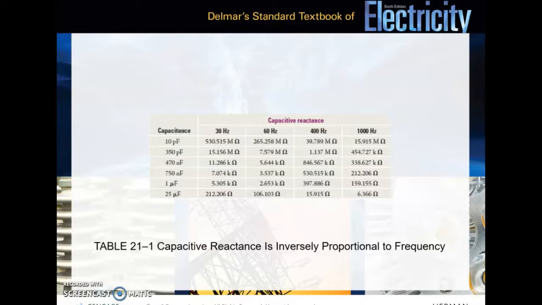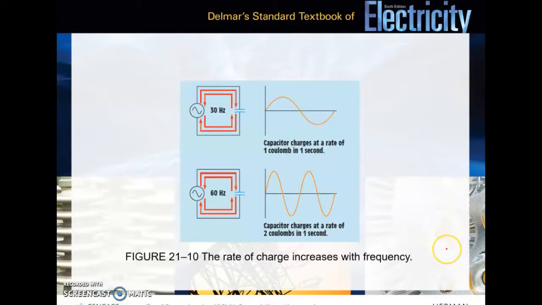I'm going to skip by this slide here and get directly to this slide. Here we're looking at the rate of how quickly the capacitor is charging in relation to frequency. So if we have two identical capacitors in these two circuits, the top circuit is at 30 Hertz, the bottom circuit is at 60 Hertz.